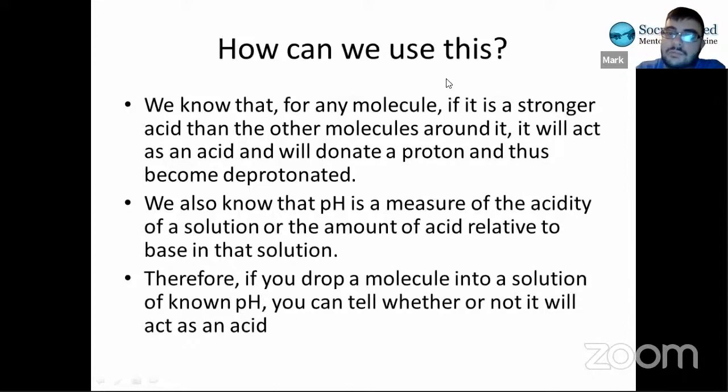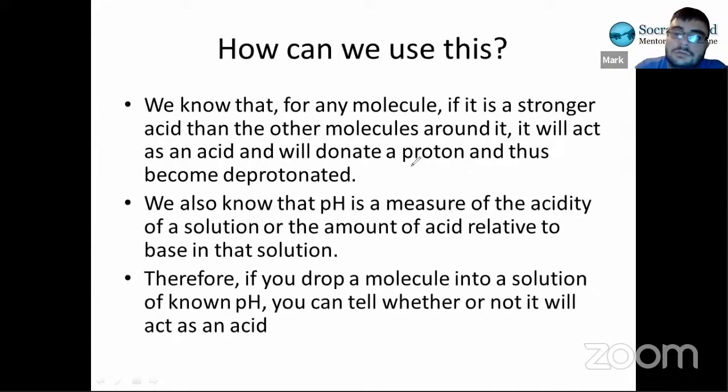So again, we know examples. If you have HCl, which you know is a strong acid, and it's surrounded by water, if you throw some HCl into some water, the HCl is obviously a stronger acid than the water. So it will act as an acid and it will donate a proton to the water.